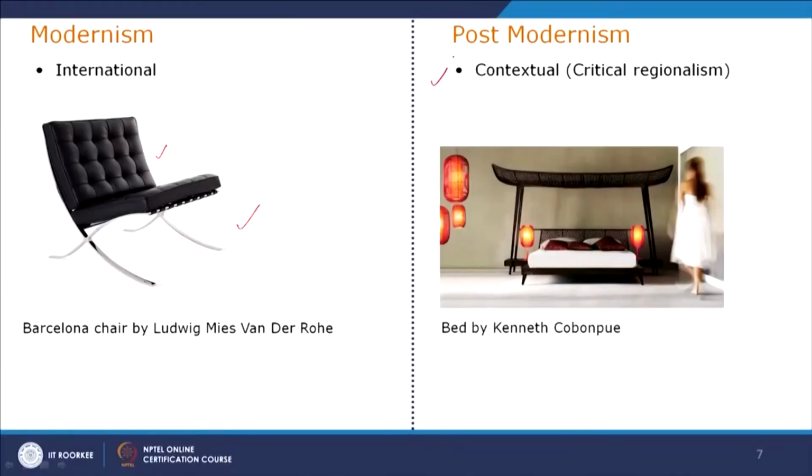And here is a contextual design which is part of critical regionalism. What is critical regionalism? We'll talk about that in detail, but it takes inspiration from the surrounding local context, and that local context is imbibed in the design.